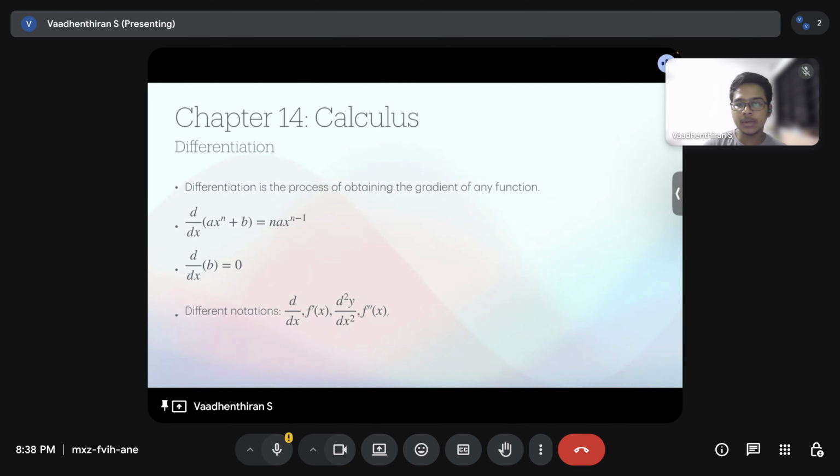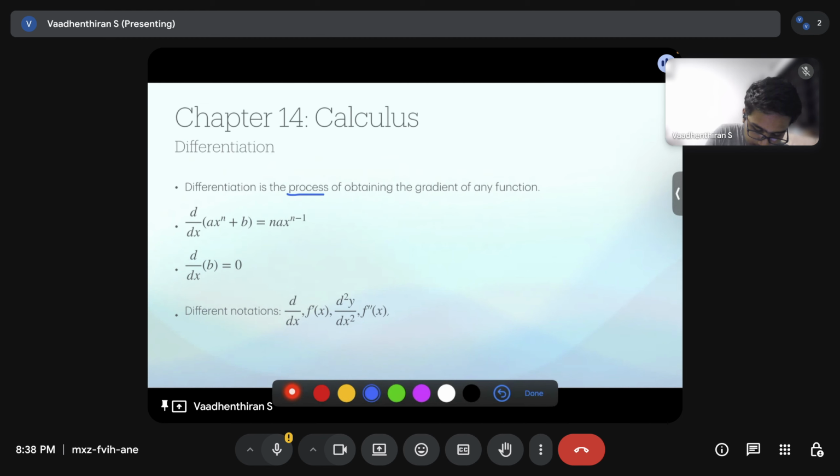First things up, we will look at what differentiation is basically. Differentiation is the process of obtaining the gradient of any function. So for example, let's take a function f(x). It can be any function.